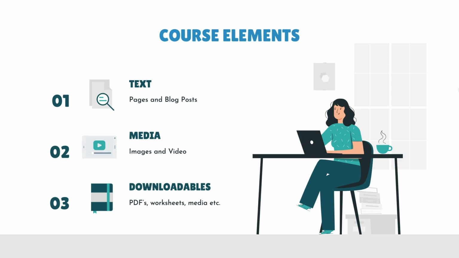For example, with WordPress, you've got text-based pages and blog posts. You can handle media, which includes images and videos, and you can even handle downloadable content such as PDFs, worksheets, and other media.